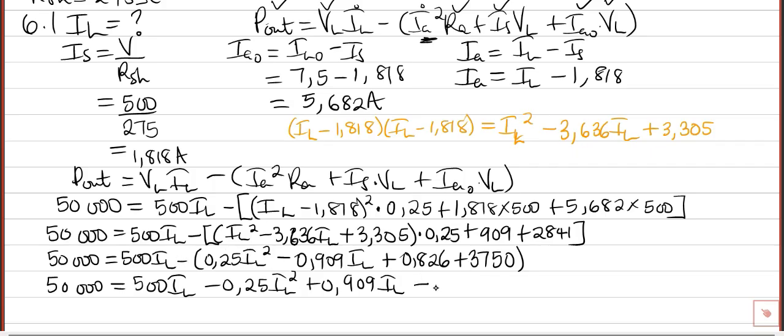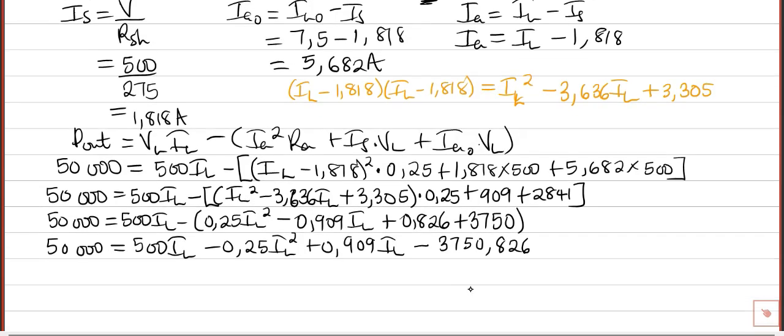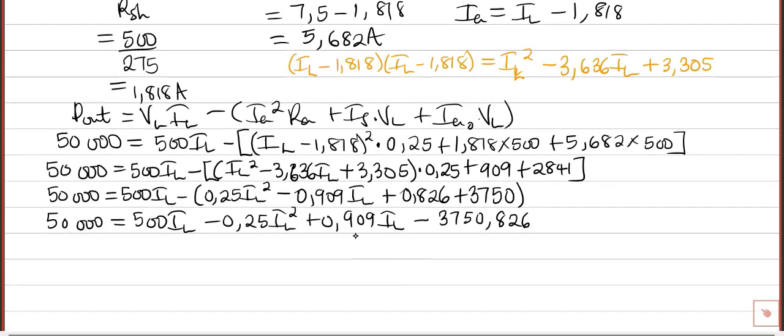It's going to be 3750,826, because I've added this value to that one. So what we did is we multiplied the sign. We said negative times positive, we got a negative sign. Negative times negative, we got a positive sign. Negative times both of these adding together, we got that.